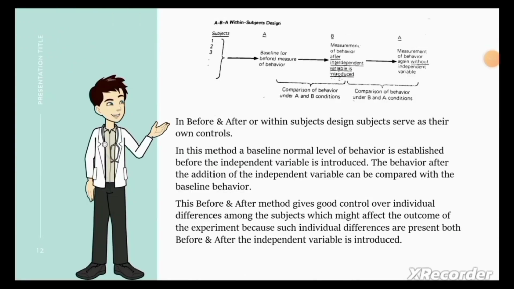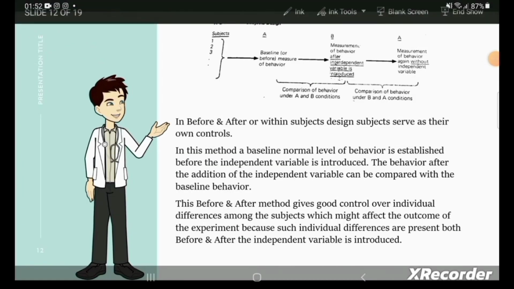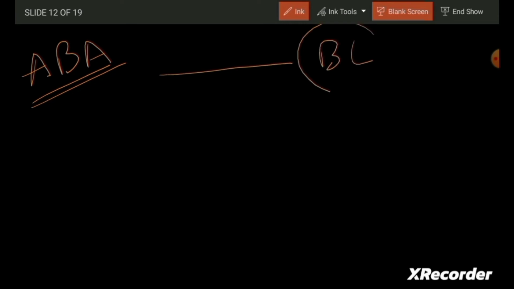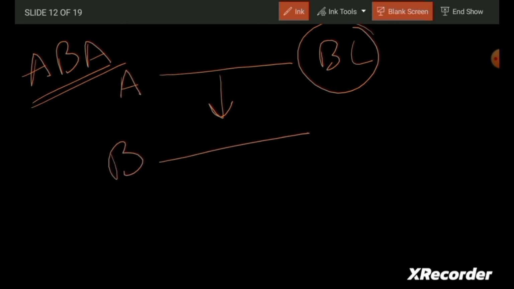Now that you have understood, let's see what ABA means. A is the baseline, that is the results or the behavior of the group before the independent variable was introduced. B is the results or the behavior after the independent variable was introduced.